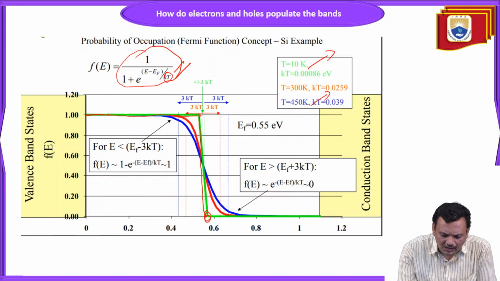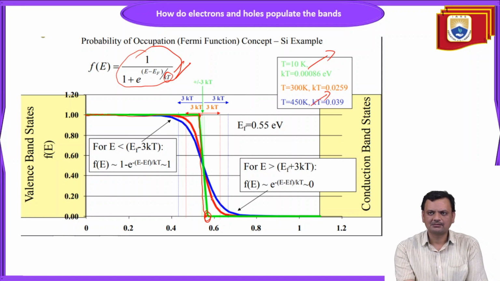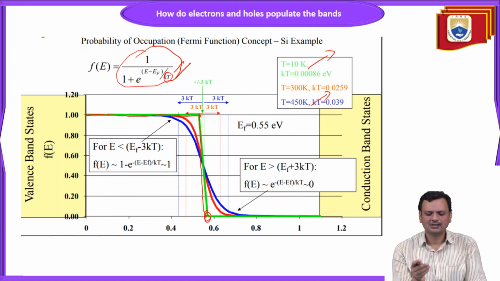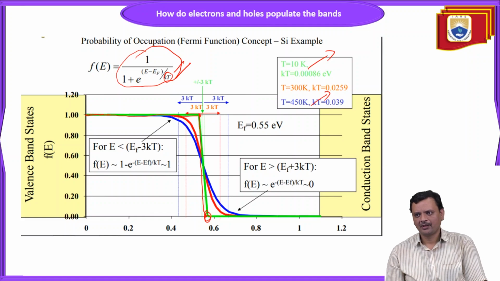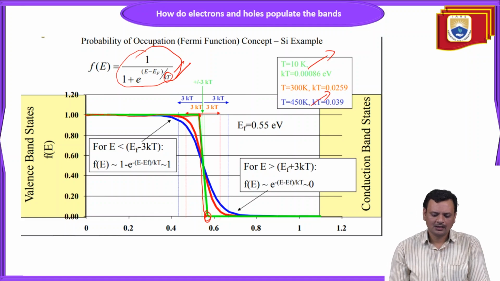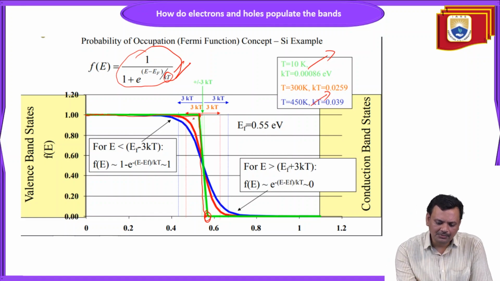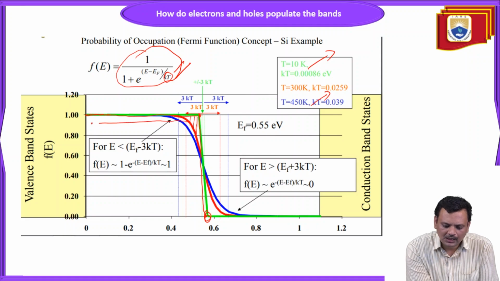Here a small smearing you can say, means there are some chances that some bands may be unoccupied. So once you are increasing the temperature, there are some chances here. Here the probability will be less than 1.